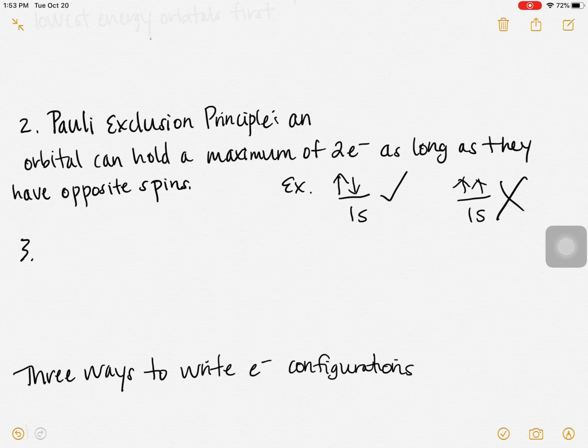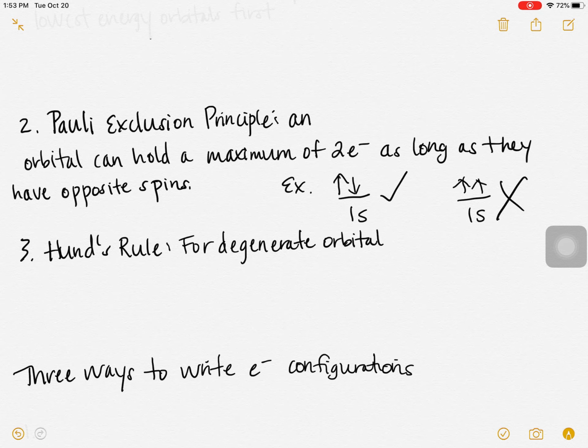The third rule is called Hund's rule. Hund's rule says for degenerate orbitals, and we talked about degenerate orbitals, those are orbitals of the same energy, like the 2p orbitals.